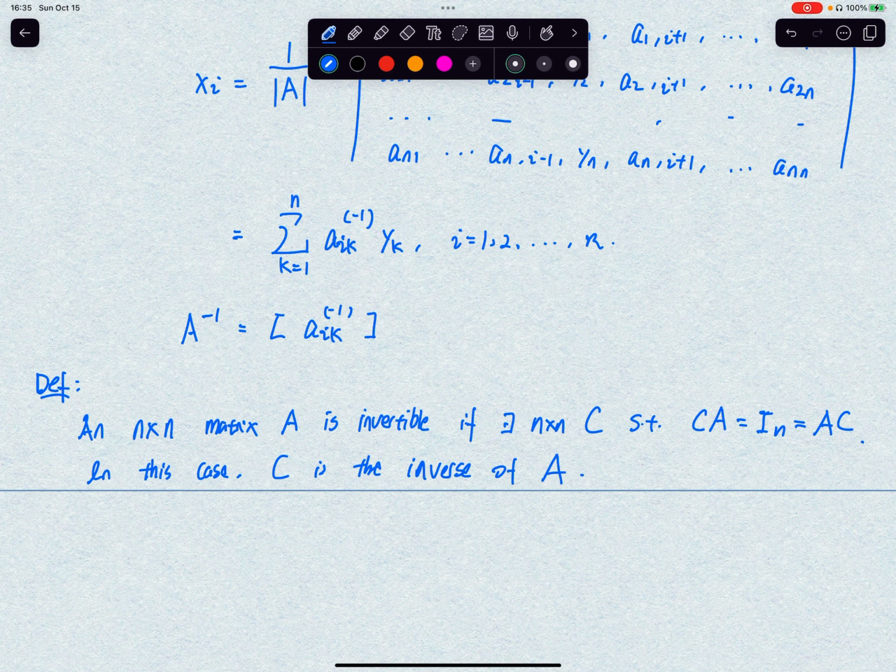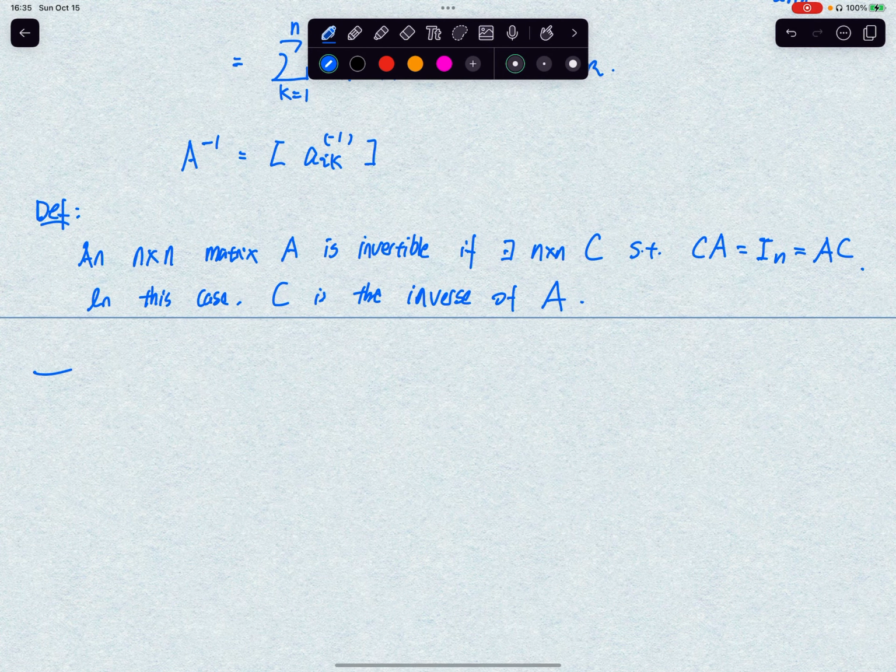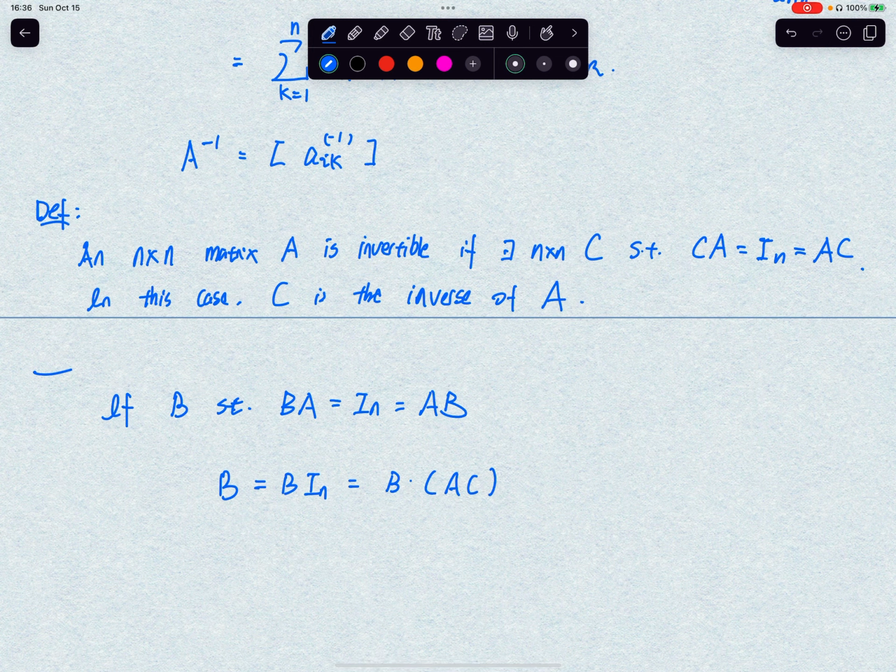In fact, in this definition, C is uniquely determined by A. Since if B is another matrix such that BA equals I_n equals AB, then we have B equals B times I_n equals B times, for example, AC.